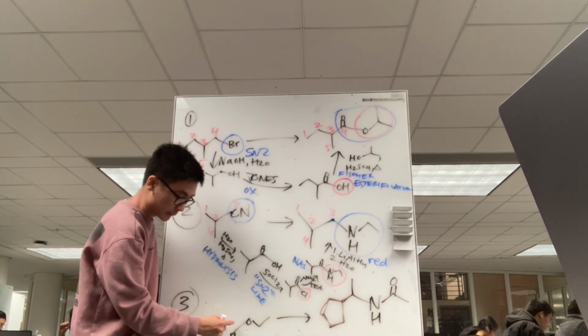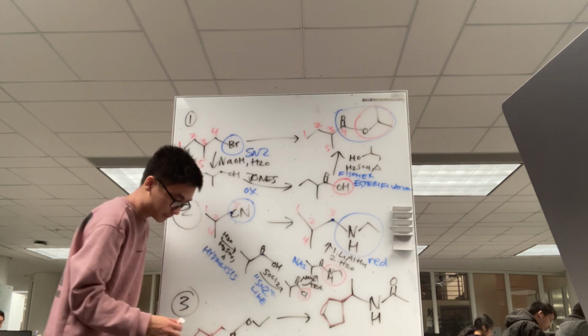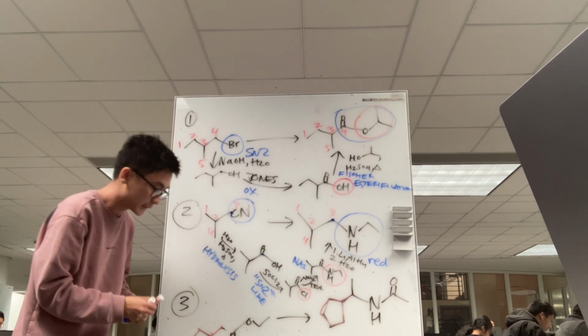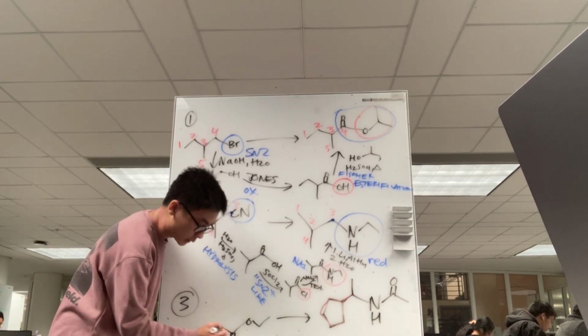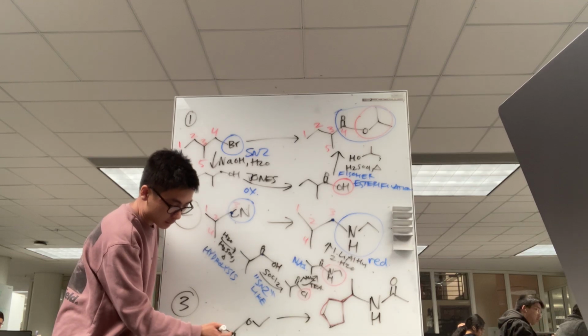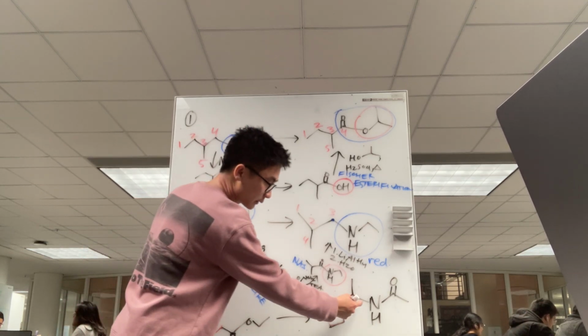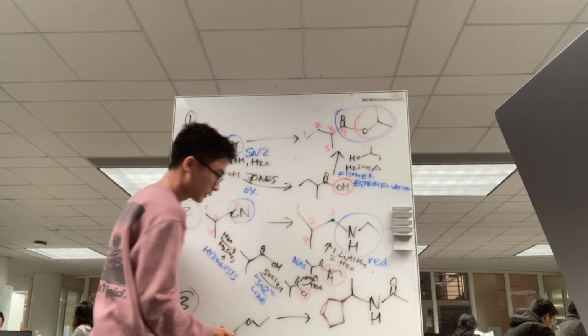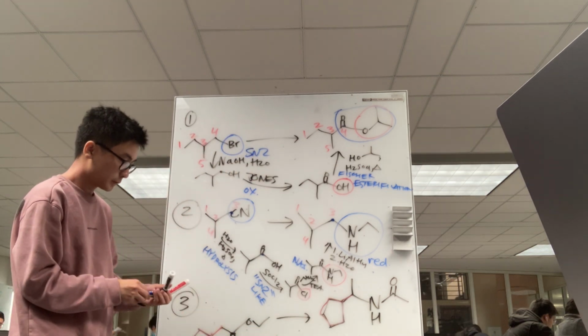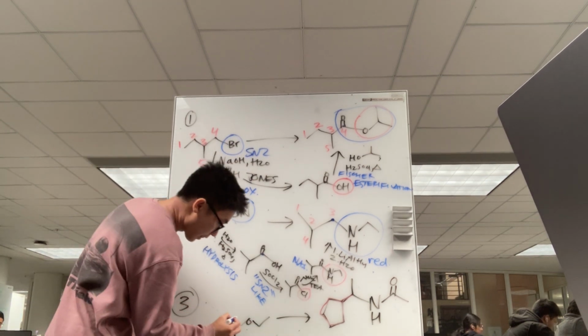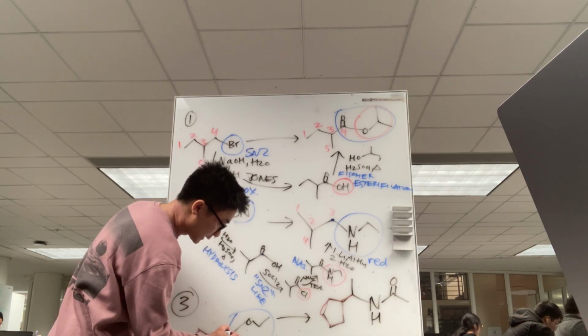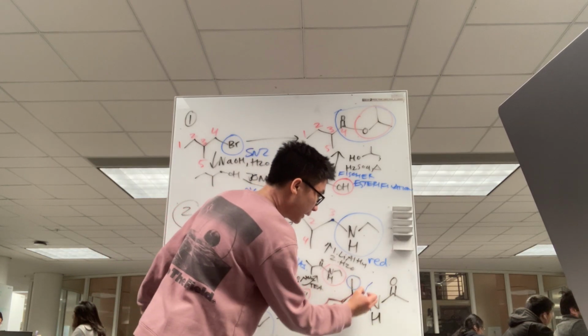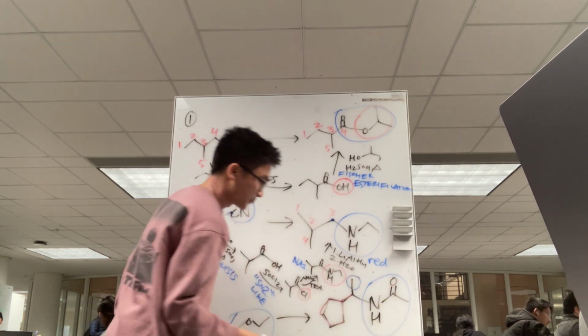Now the reason why I erased that red bond right there is because we just lost a carbon. That carbon was there before, but now it's no longer there. So the difference here is that here we have an ester with this one extra carbon, and here we have a methyl group and an amine group right there.